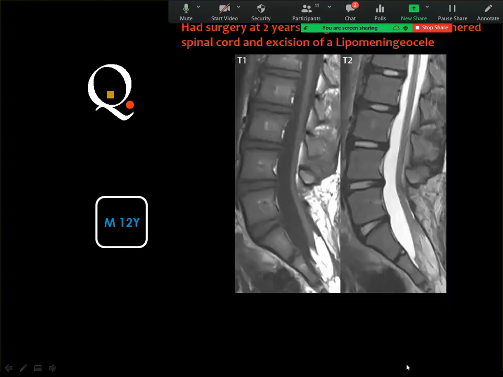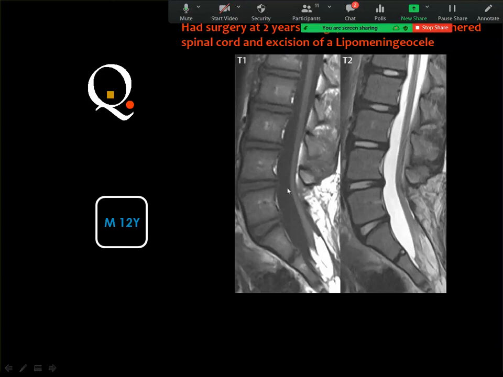Then this patient is a male child, 12 years old, and he got surgery at the age of 2 years with spinal cord excision of a lipomeningeal.